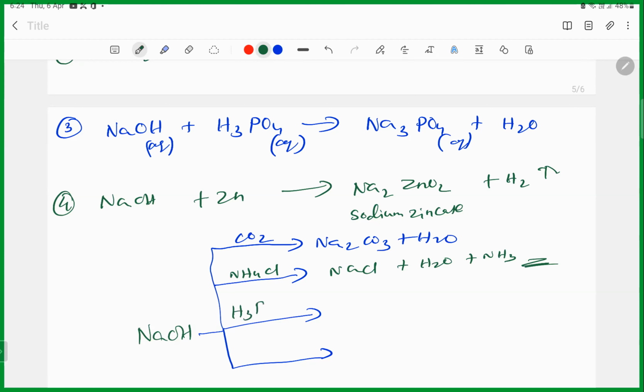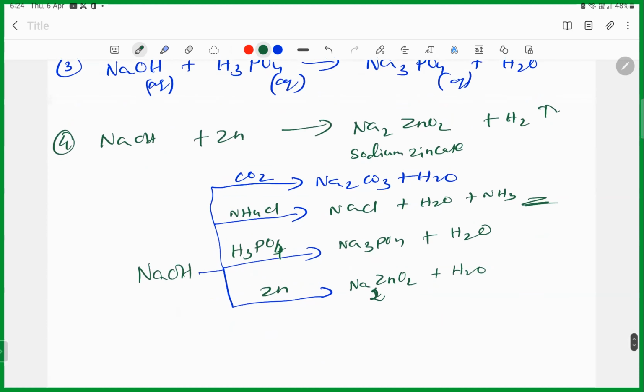Then H3PO4 with NaOH gives Na3PO4 plus H2O. With zinc, it forms sodium zincate, Na2ZnO2, plus H2. That's all. Clear?